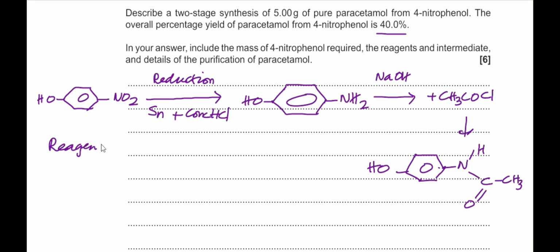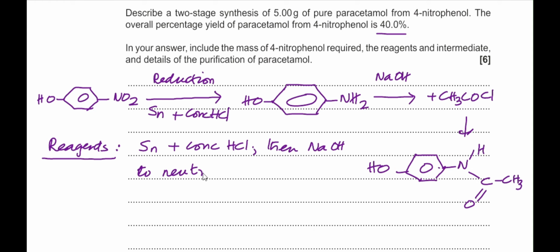Therefore, let's write the reagents: tin plus concentrated HCl, then NaOH to neutralize the excess HCl.